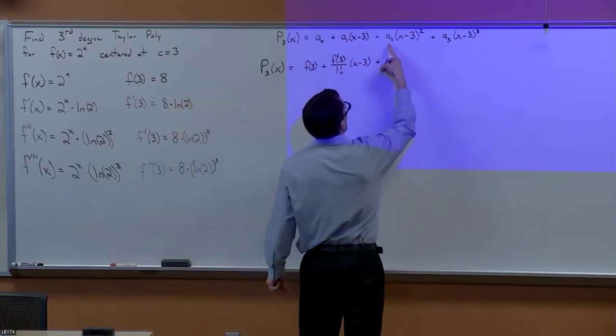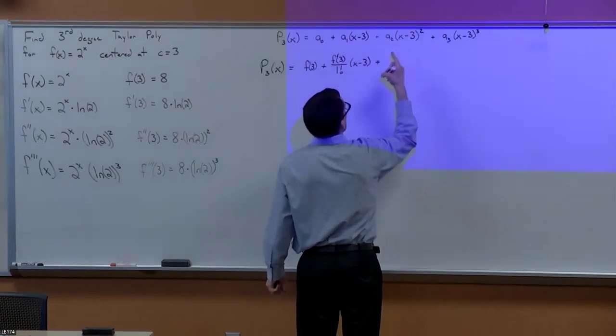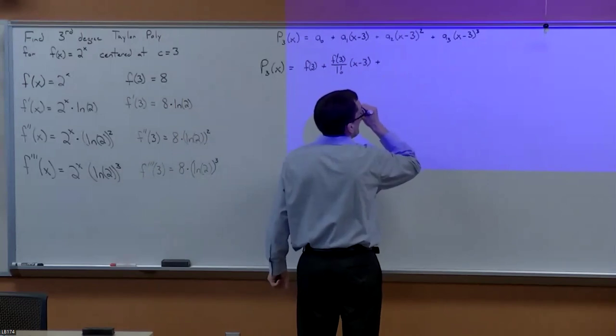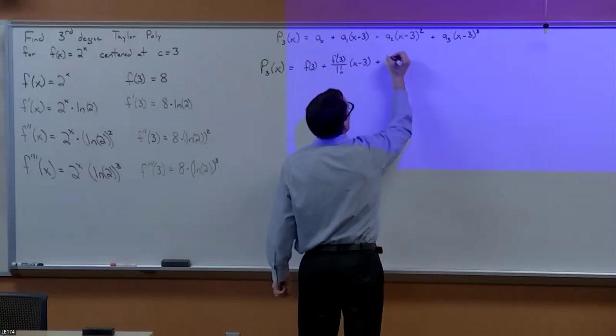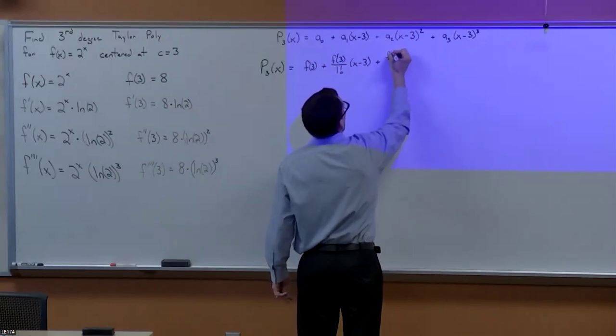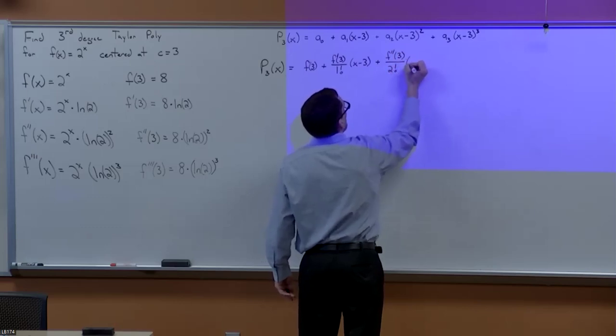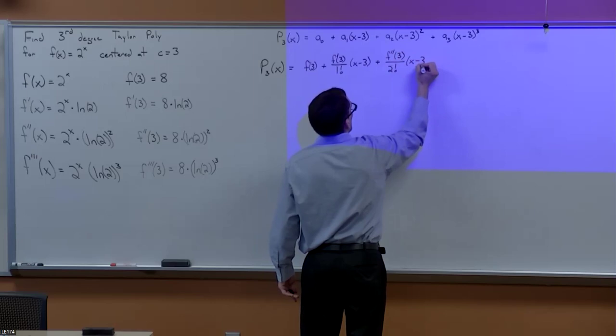My degree of x minus 3 to the second power, my coefficient here, is going to be f second derivative evaluated at 3 divided by 2 factorial.